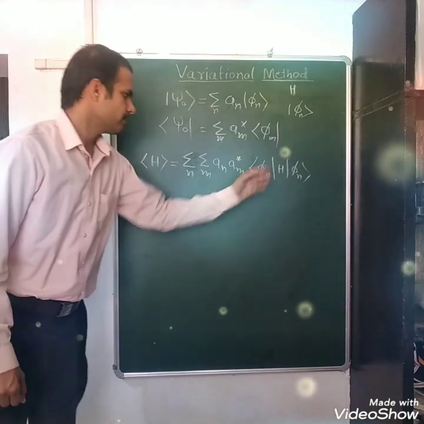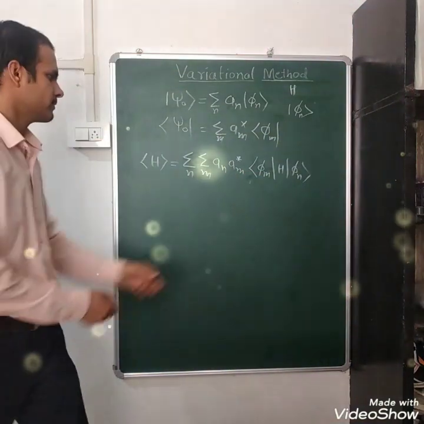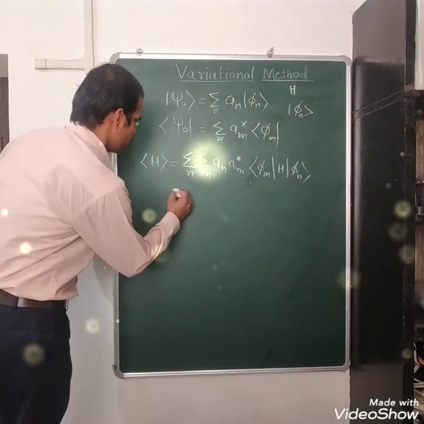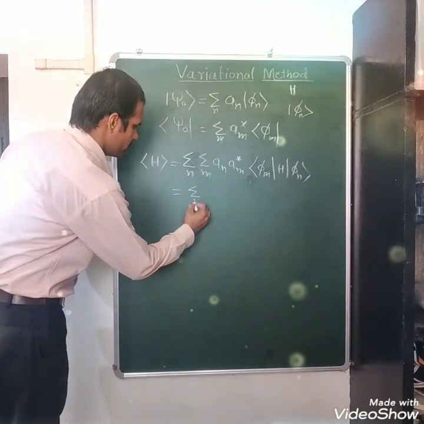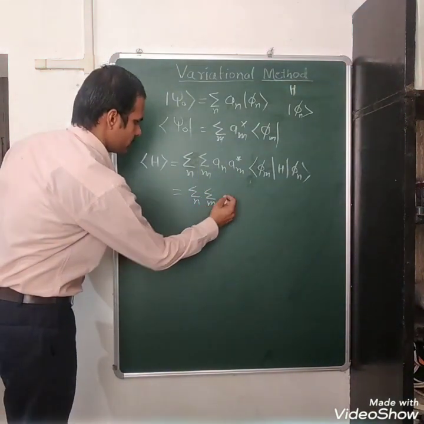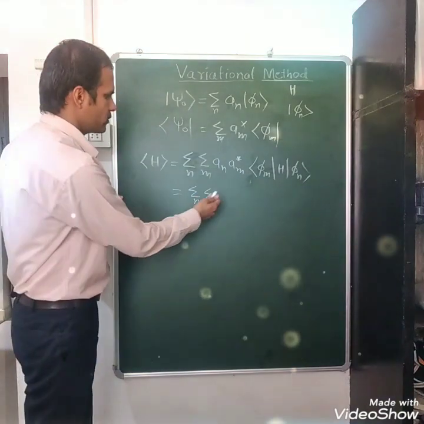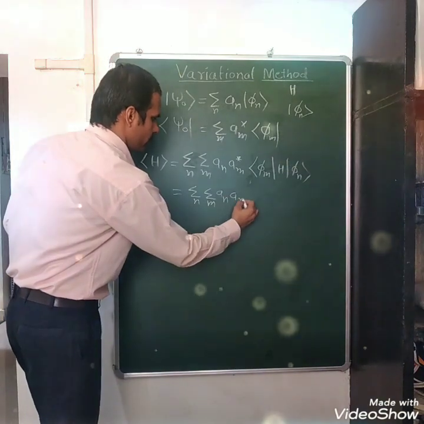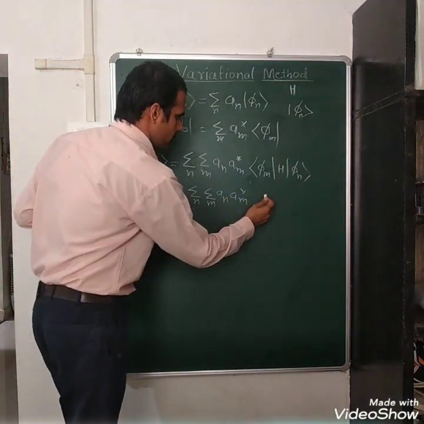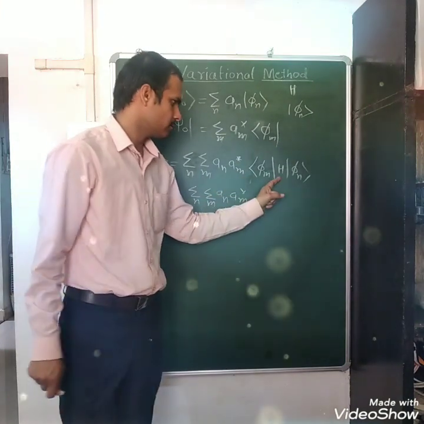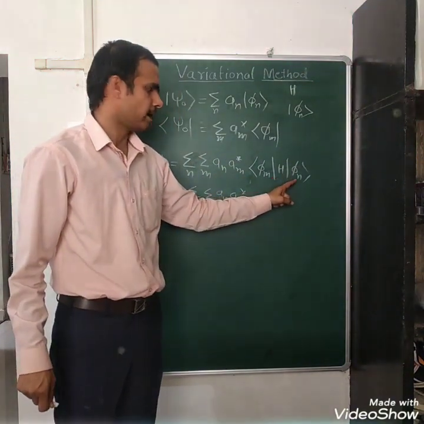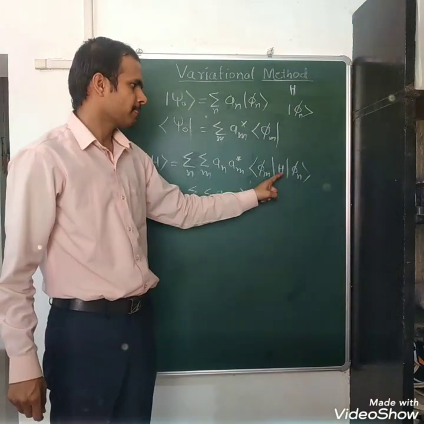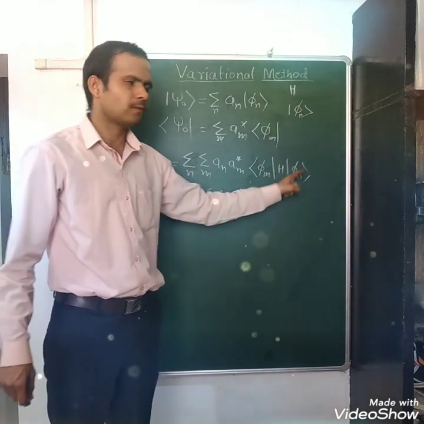So we can solve this like so. Again we can write the expectation of H as the summation over m, summation over n, of a m star a n, and here one thing is known, that H phi n, as phi is the eigenket of H, gives E n phi n.